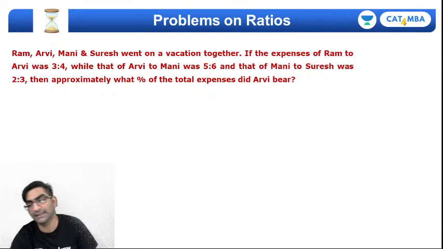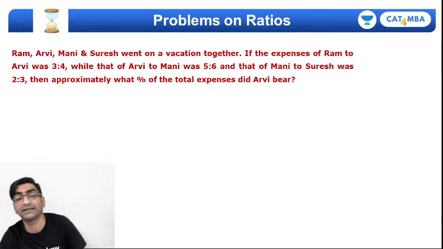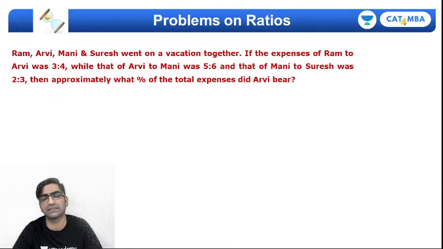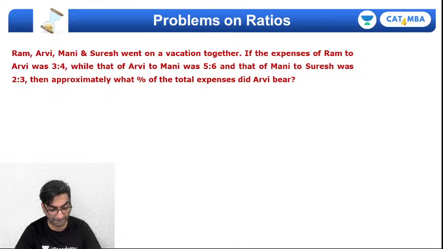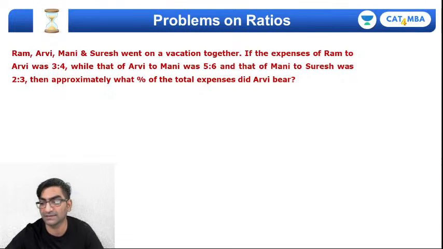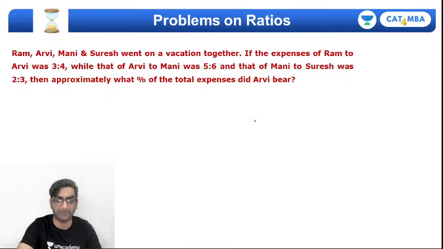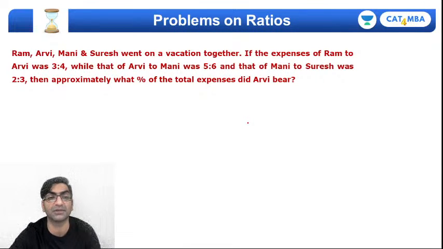Okay. Here's another variant, slightly more advanced. Ram, Arvi, Mani and Suresh, 4 guys went on a vacation. And we're given the expenditure made by them in pairs, pairs of gentlemen here in the ratio terms.